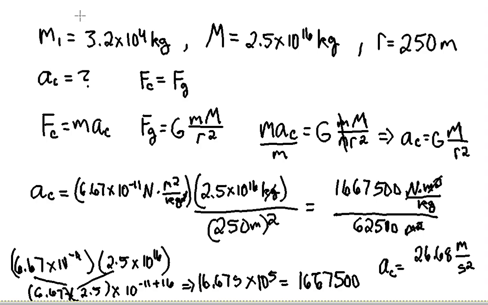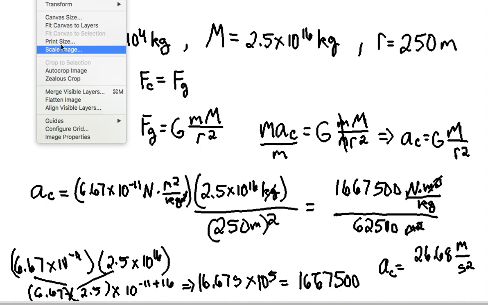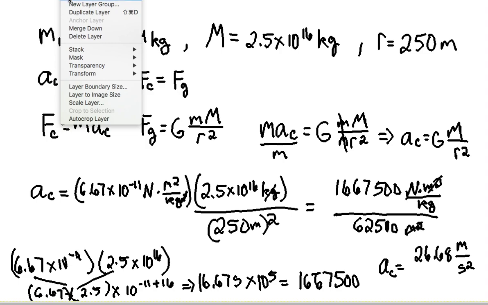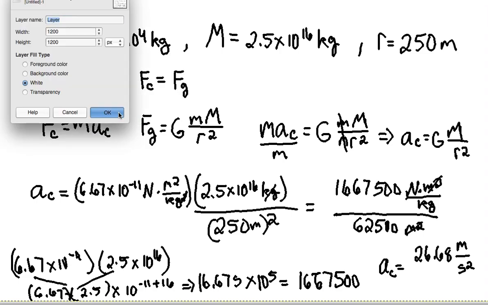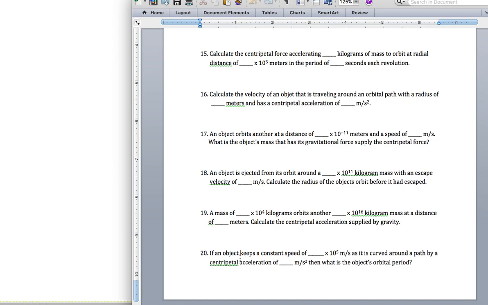So one more problem. Number 20. If an object keeps a constant speed of blank times 10 to the 5 meters per second. So let's write that down first.